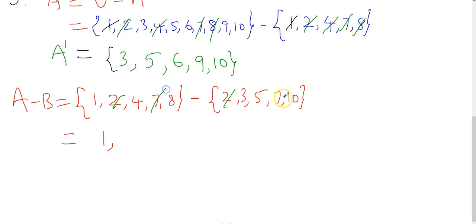And also 7 and 7. So you are left with 1, 4 and 8. That's all. This is your A minus B.